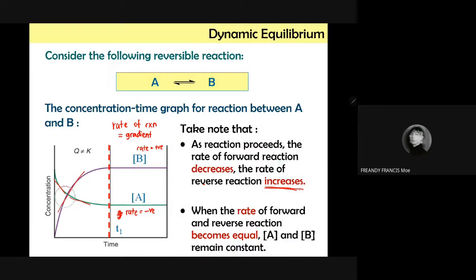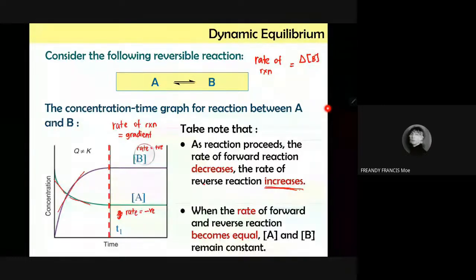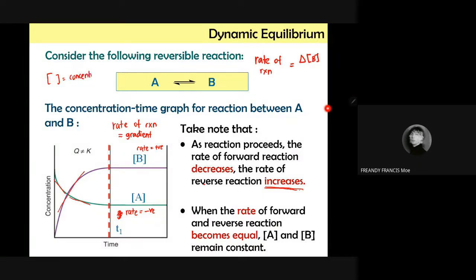Kadar tindak balas. Okay, kadar tindak balas, rate of reaction sama dengan, okay, saya guna simbol delta, concentration of B. Okay. Square bracket ni maksudnya concentration tau. Concentration. Okay.